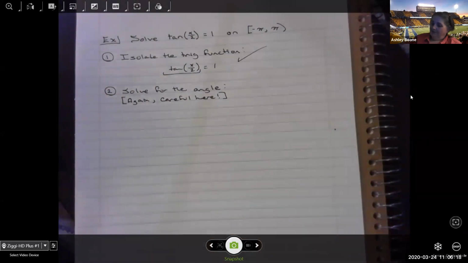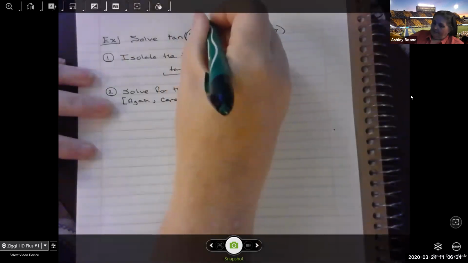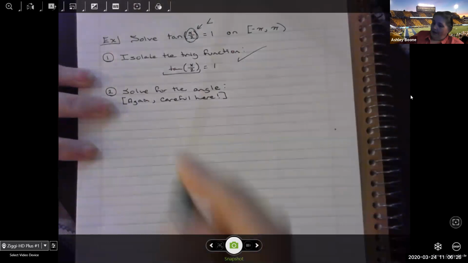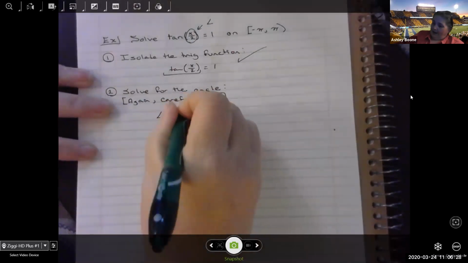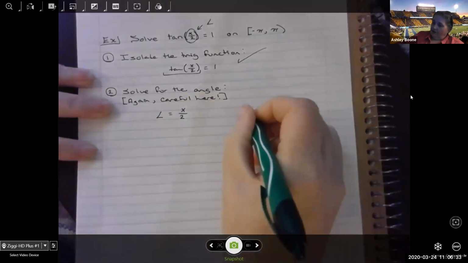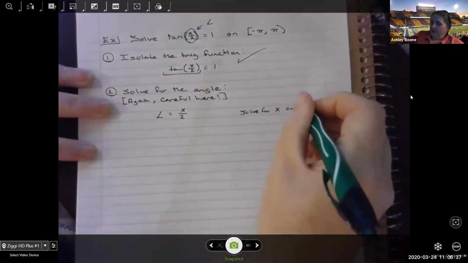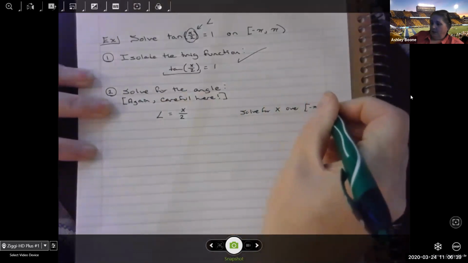Our angle is x over 2. We want to solve for x over the interval negative pi to pi.